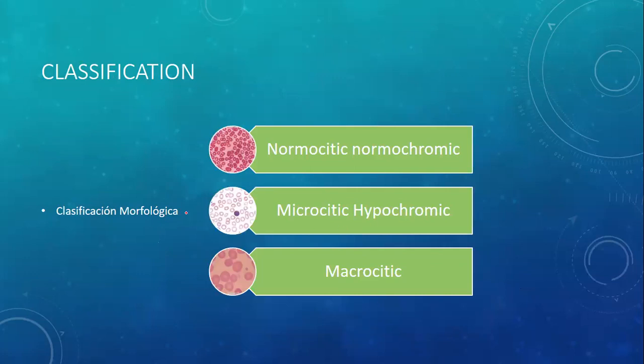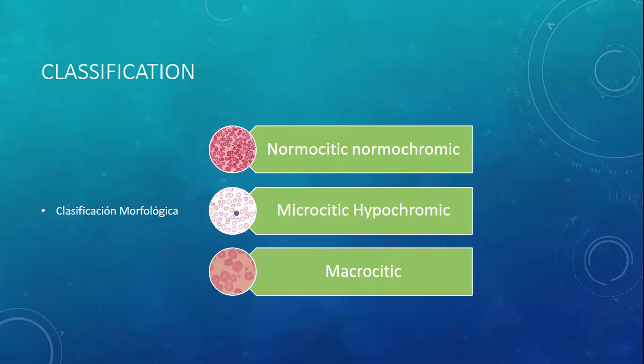So here we have the morphologic classification. Here we have normocytic and normochromic anemia, because of the size and the content of hemoglobin, right? Microcytic and hypochromic, which is related to the size and the lower concentration of hemoglobin. And macrocytic, in which the cells are bigger than normal.